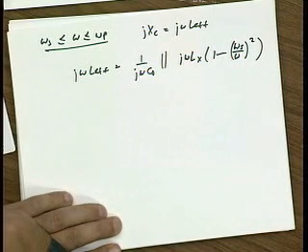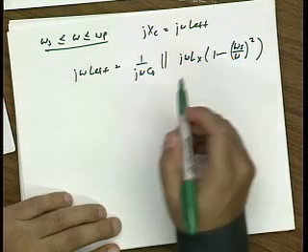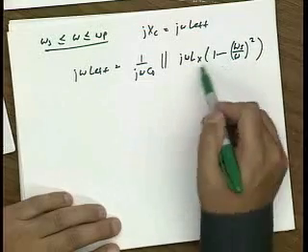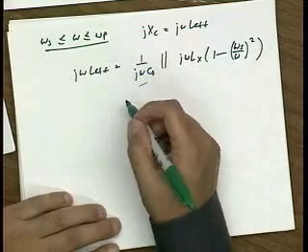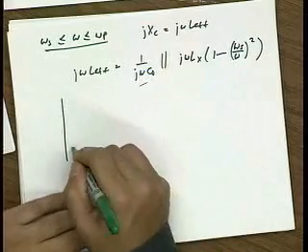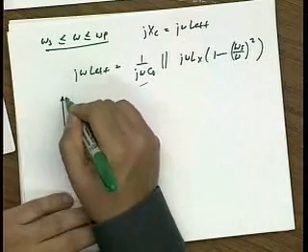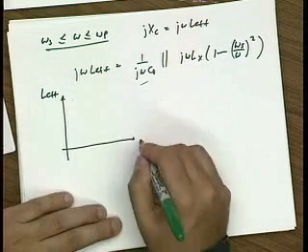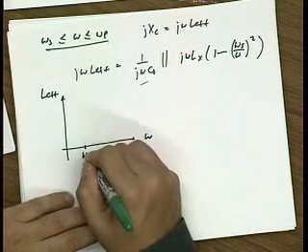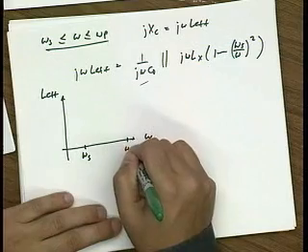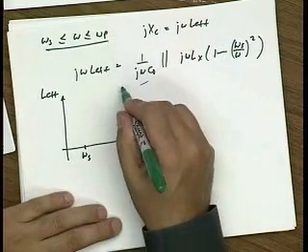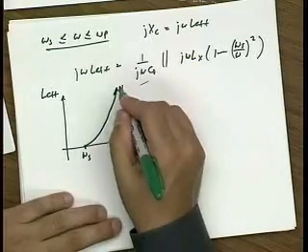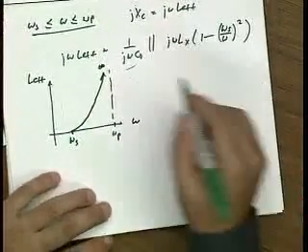And so you can now easily see that the value of effective inductance is this inductance, which is reduced by the effect of this capacitance. So if this is L effective, this is omega, this curve is only valid in this range from omega s to omega p, and it will shoot up to infinity like this.